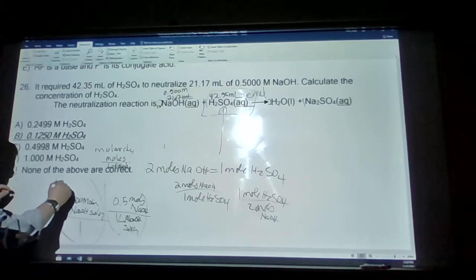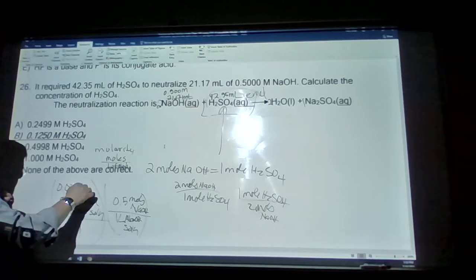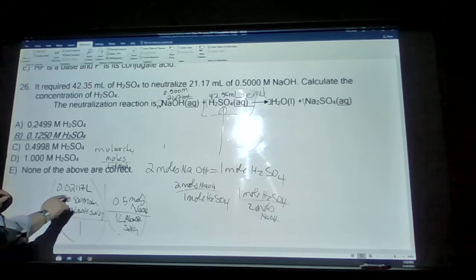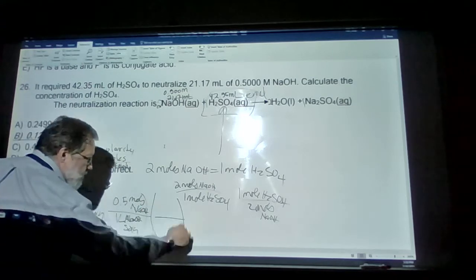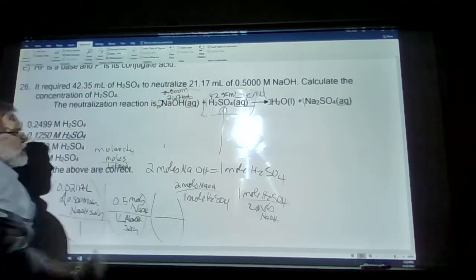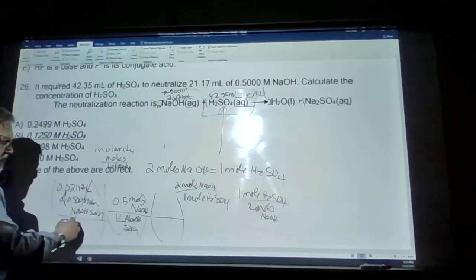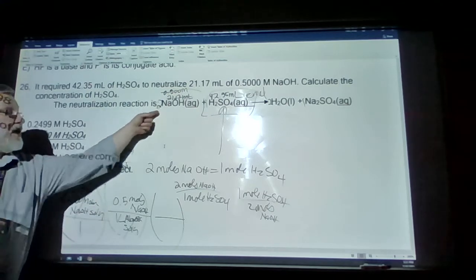So this is 0.02117 liters of a 0.5 molar sodium hydroxide solution. So we've used that bit of information. Where does that leave us? Well, let's look at our units. Liters cancel. We are left with units of moles. This is moles about NaOH.